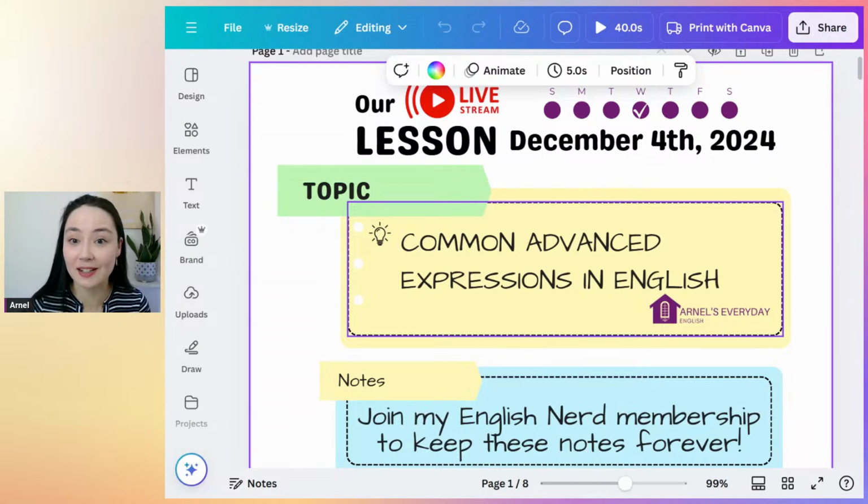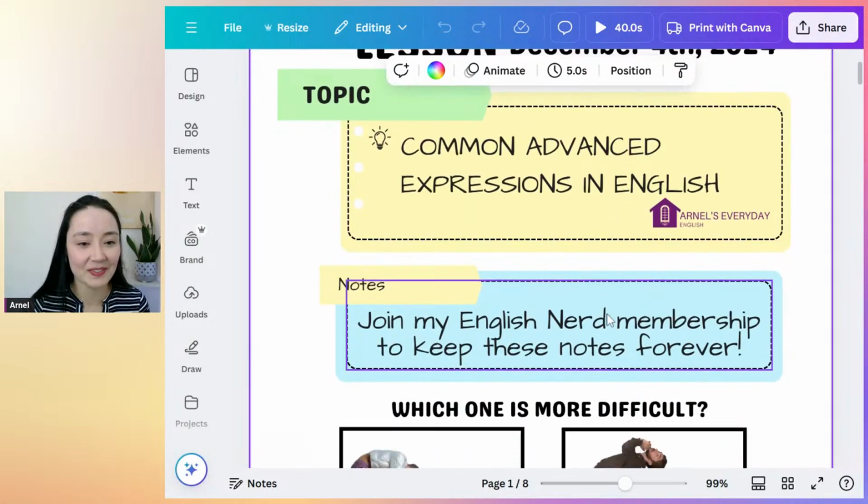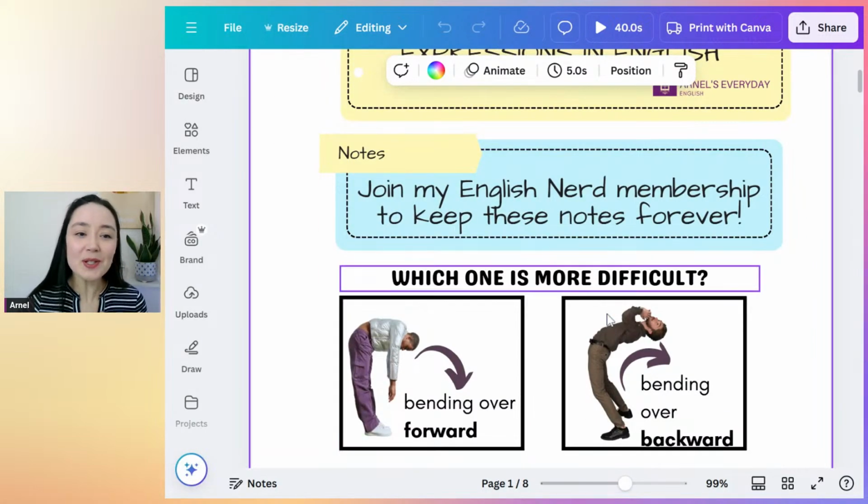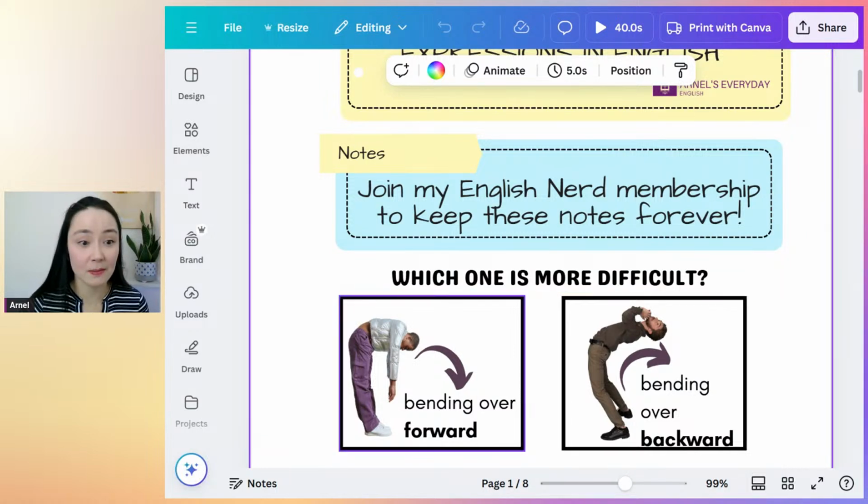Okay, first question. Which one is more difficult? Take a look at these two different positions. Bending over forward or bending over backward. And this action is to bend. When you bend, you're kind of stretching.